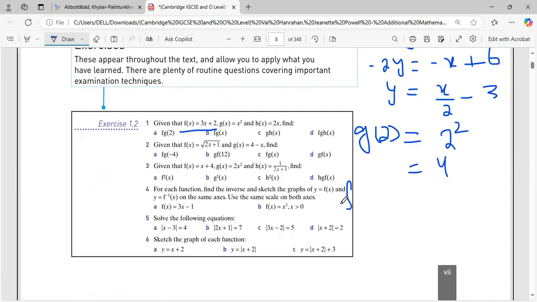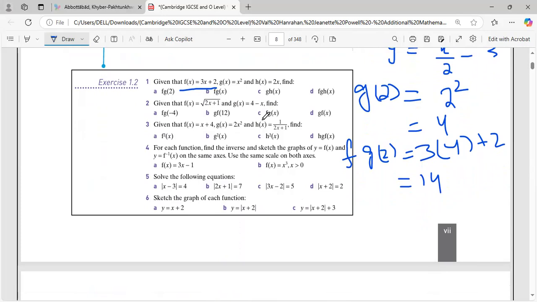So f of g of 2 is equal to f of 4, as g of 2 is 4. We just put the g of 2 value in the f function. So in place of x, we put 4. So 3 times 4 plus 2, that is 12 plus 2, 14. So it means f of g of 2 is equal to 14.